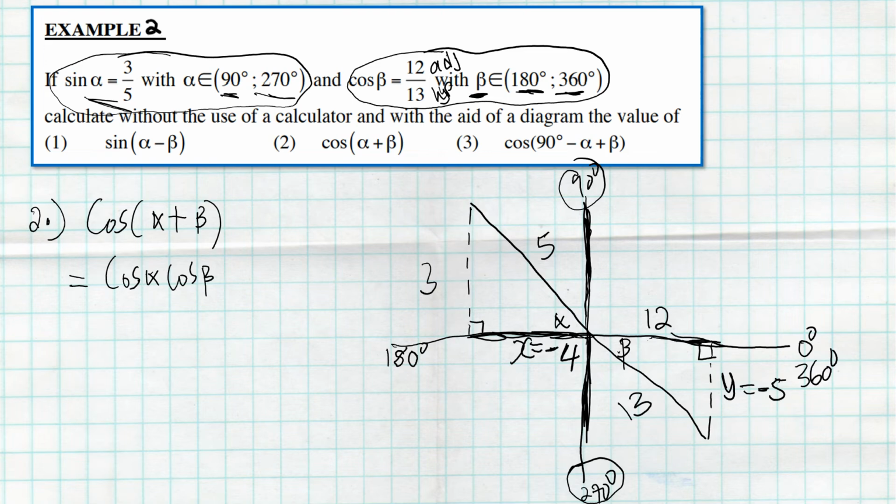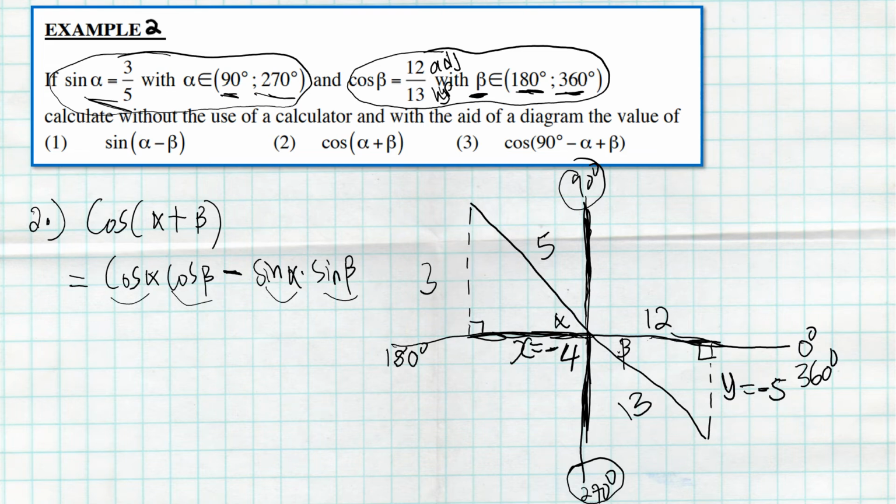Remember, the compound angle for cos: it's cos and sine, but for cos we change the sign. So if it's plus, it's going to be minus sine alpha sine beta. Then you just go on your triangle, you get the values of cos alpha, cos beta, sine alpha, sine beta, substitute and get the answer. Okay, so just go and do that.